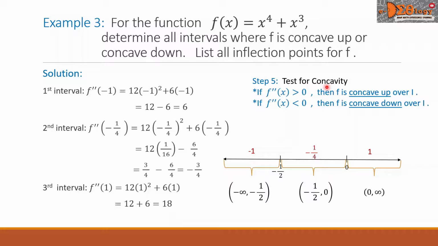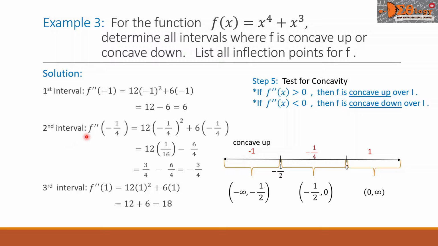For the test for concavity, if the second derivative is positive, then f is concave up. If the second derivative is negative, then f is concave down on that interval. Look at the first interval here. The value is 6, positive. That means it is concave up on the first interval.